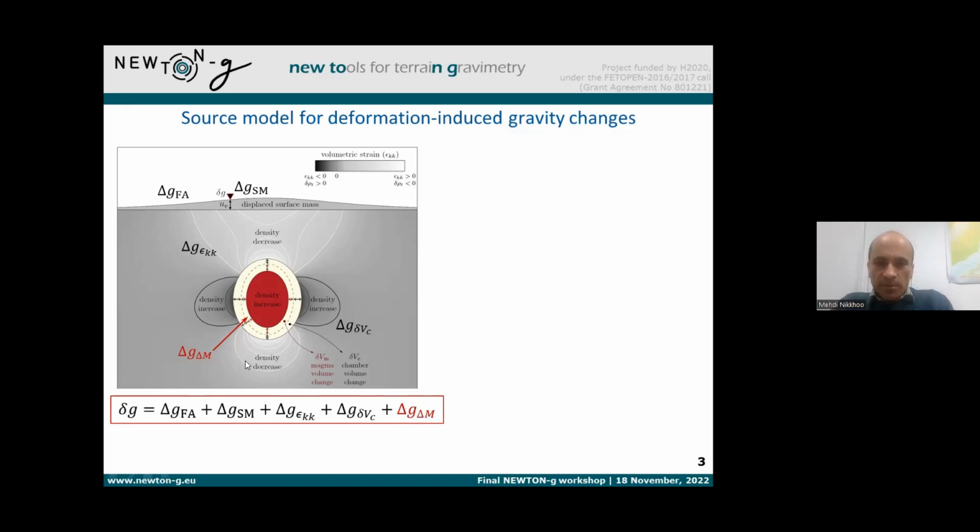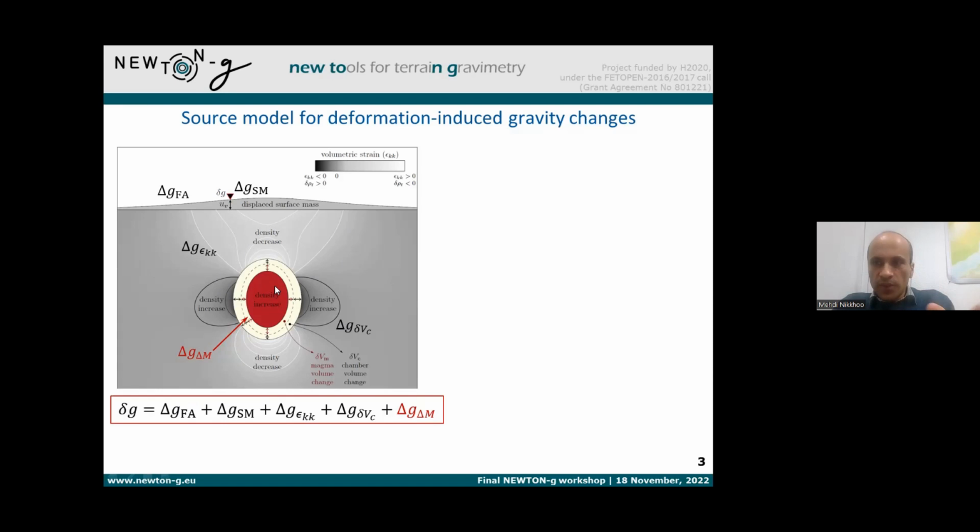But all the other terms are caused by the deformation of the crust below the gravimeter. So the first term is representing the free air contribution, which is due to the vertical displacement of the gravimeter. The delta G SM represents the displaced surface mass right below the gravimeter, and delta G epsilon KK represents the density change throughout the host rock.